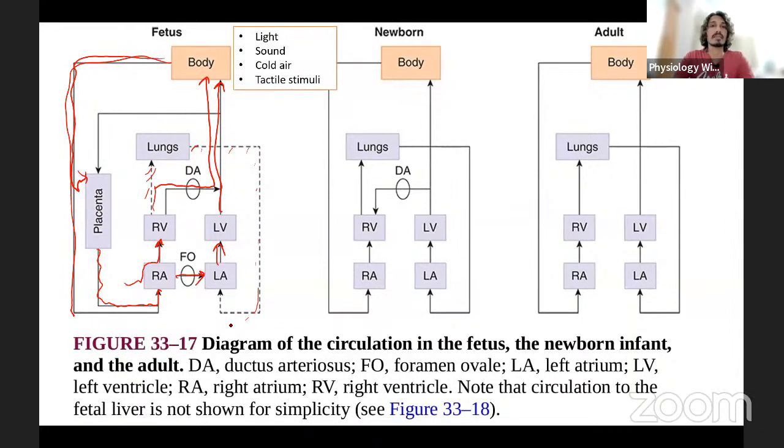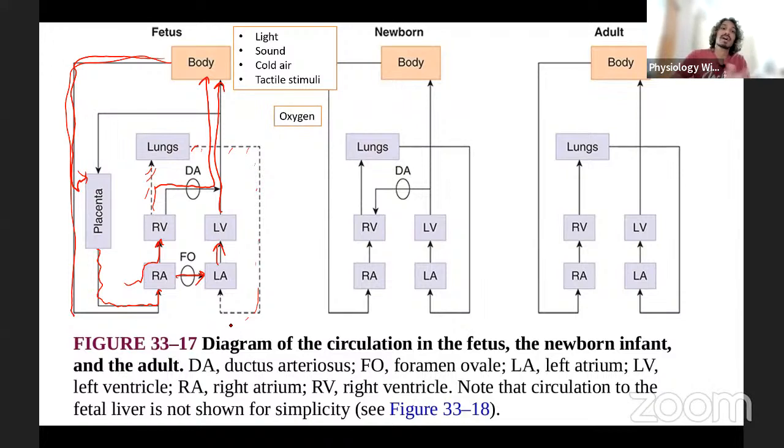Okay, so one of the things that happens with birth, we do not exactly understand what stimulates the first breath in a newborn baby, but postulated theories involve either light, sound, cold air, tactile stimuli, or a combination of these. That will result in the first gasp and will result in increased oxygen.